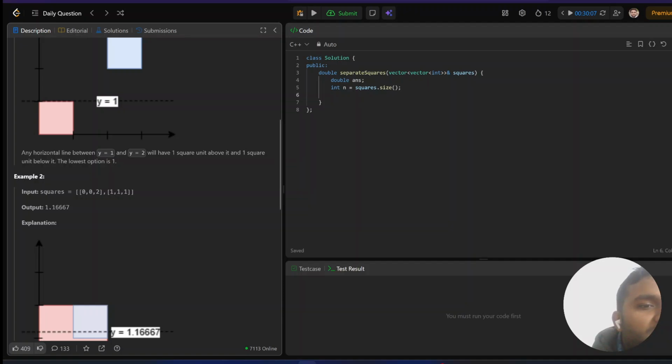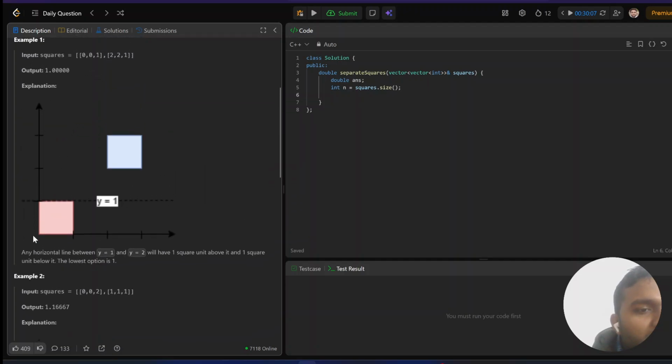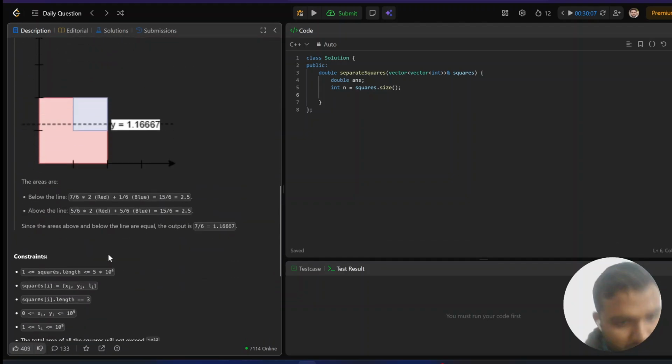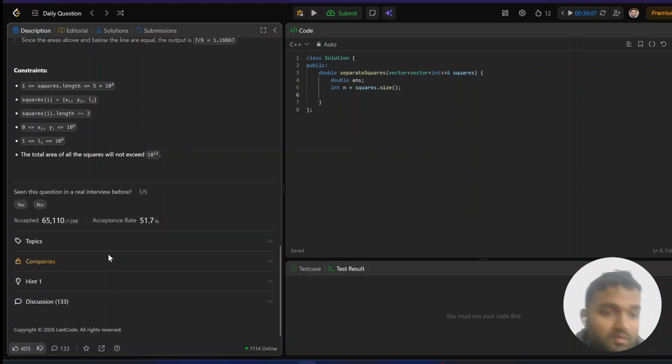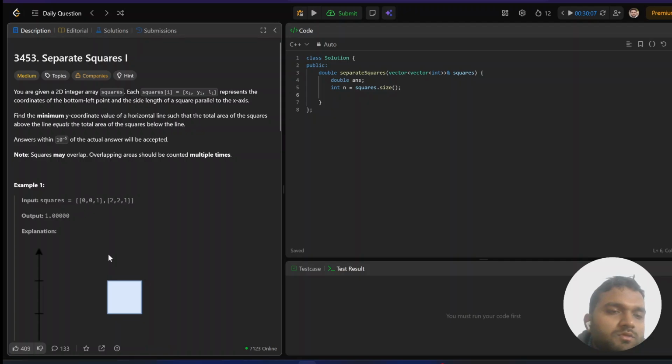We also have the y coordinates, like 0 and 1, then 0, 0, 2, 2. What to do? It looks like a typical mathematical problem.